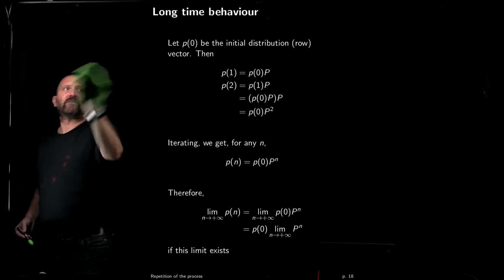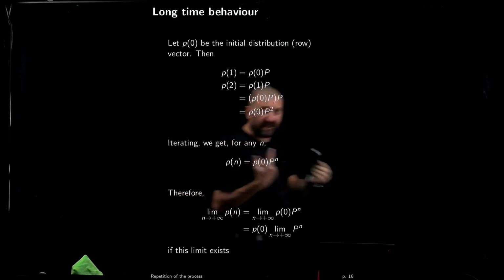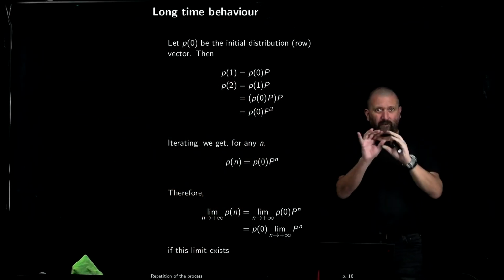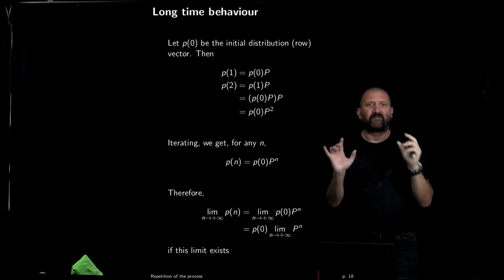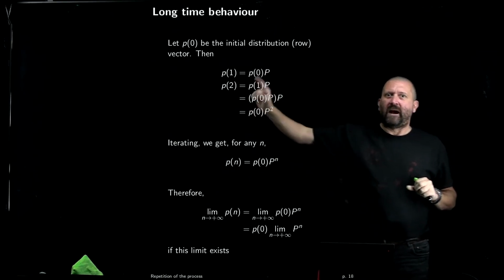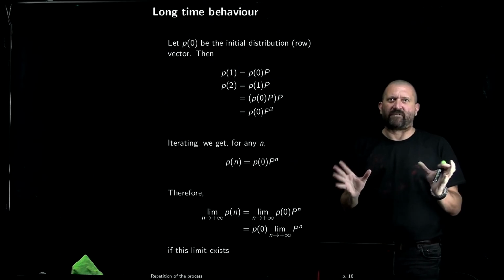I can write this exactly like I did with the example of a sequence of scalars before. P of 0 is my initial state.